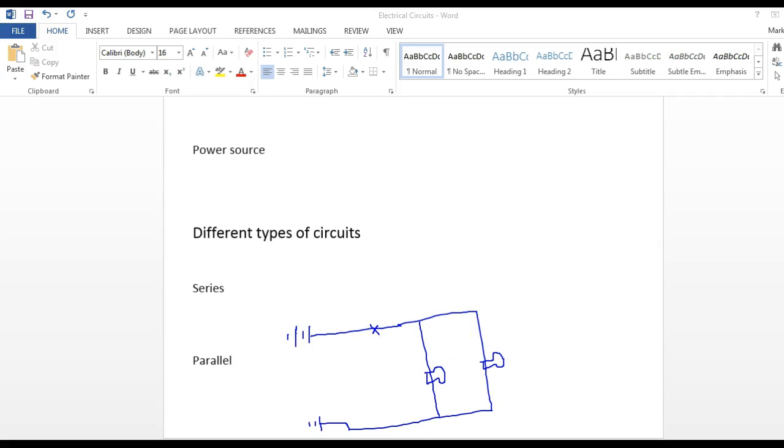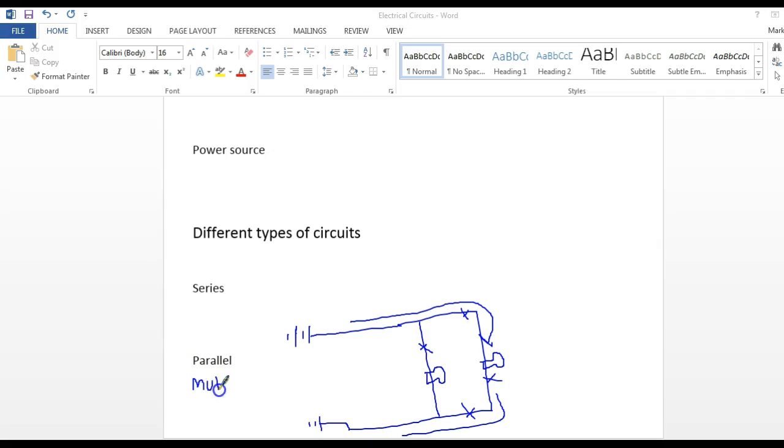But you can have breaks in the circuit, certain places, and it still will work. So if you had a break right here, electricity will still travel this path and still light this light. Or if you had a break right here, right here, right here, this one will still work. As long as this break isn't here, this one will still light. So parallel circuits give multiple paths for the electrons to flow.